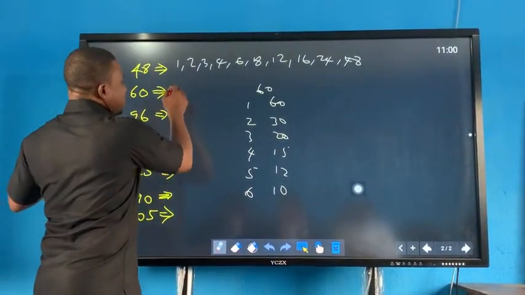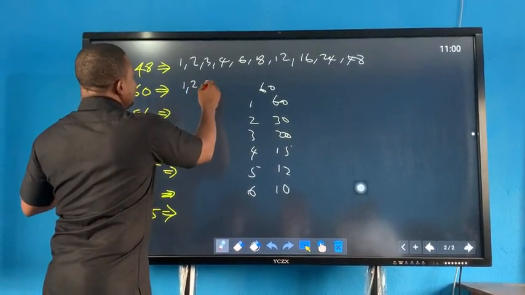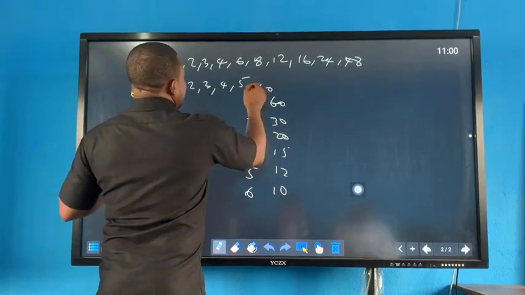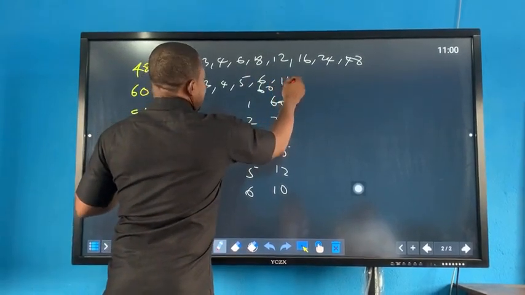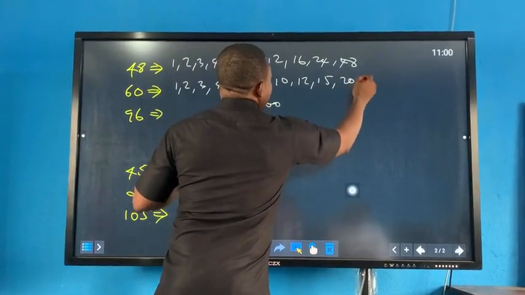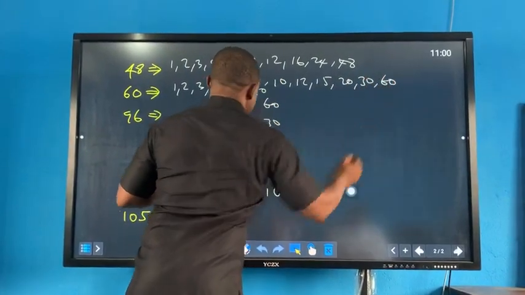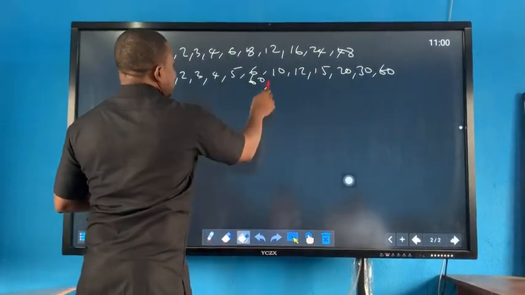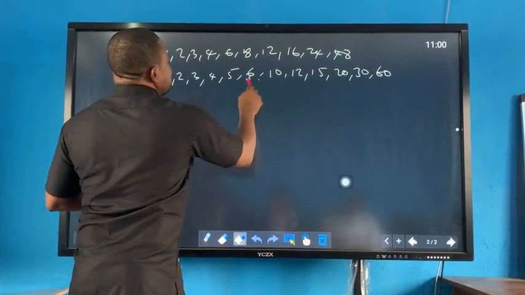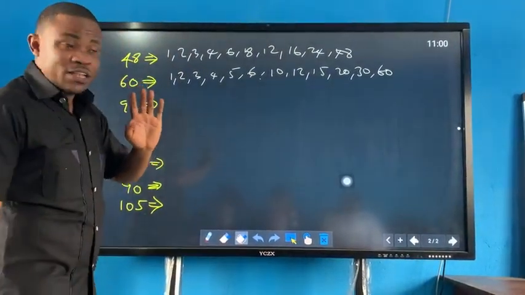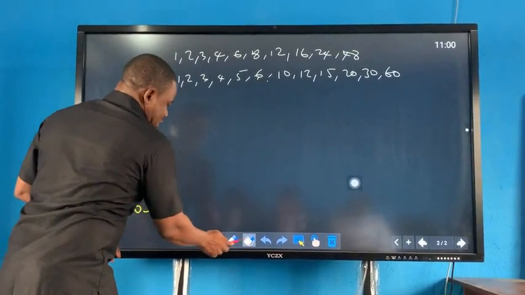So I'm going to have 1, 2, 3, 4, 5, 6, 10, 12, 15, 20, 30, and 60. All those are factors of 60. And what do we say factors are? All these numbers can divide 60 without remainder. Are we together?